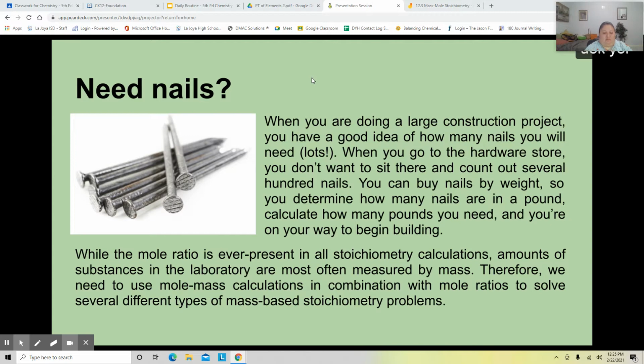Likewise, in stoichiometry calculations, amounts of substance in the laboratory are most often measured by mass. Therefore, we need to use mole-mass calculations with mole ratios to solve several different types of mass-based stoichiometry problems.